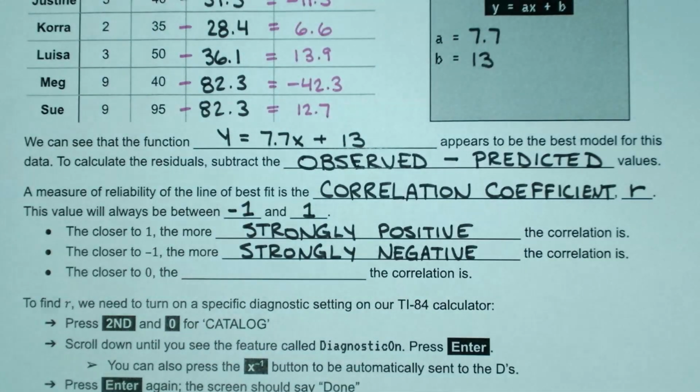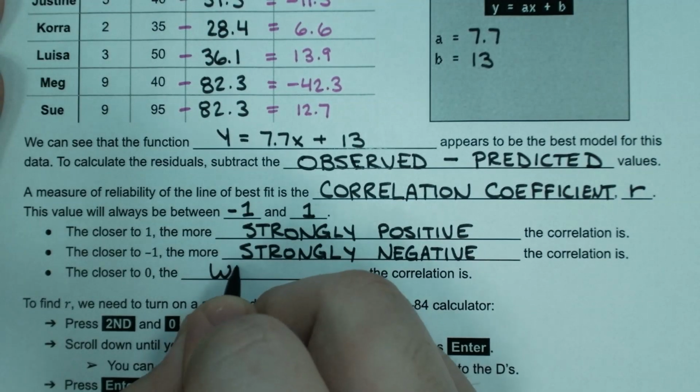And then the closer to 0, whether that be like 0.1 or negative 0.1, the closer to 0 that is, the weaker the correlation is.